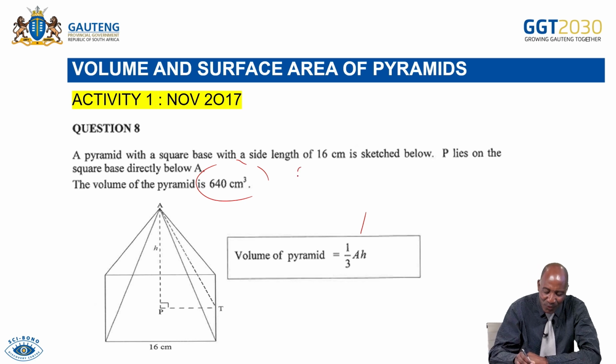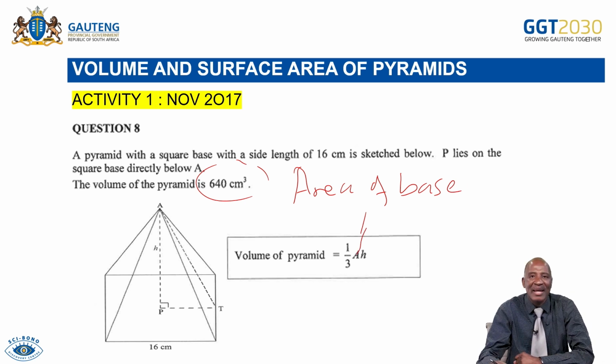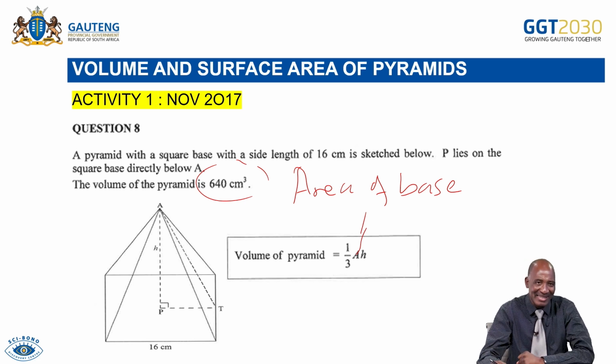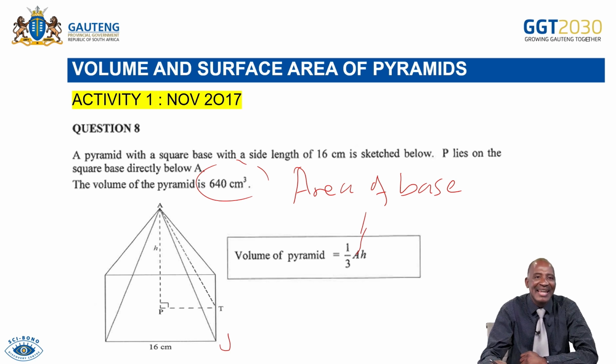That A stands for area of base. Area of base, then multiplied by the perpendicular height. It's not just a height, because there are quite a number of heights here. We have what we call an edge height, which is your AV, if I may call that V. AV is an edge height.